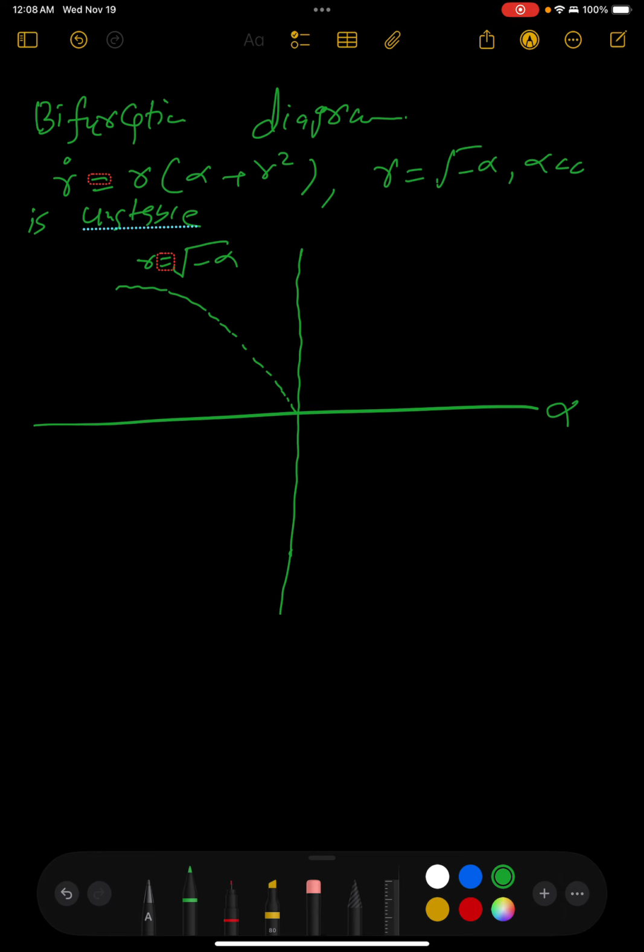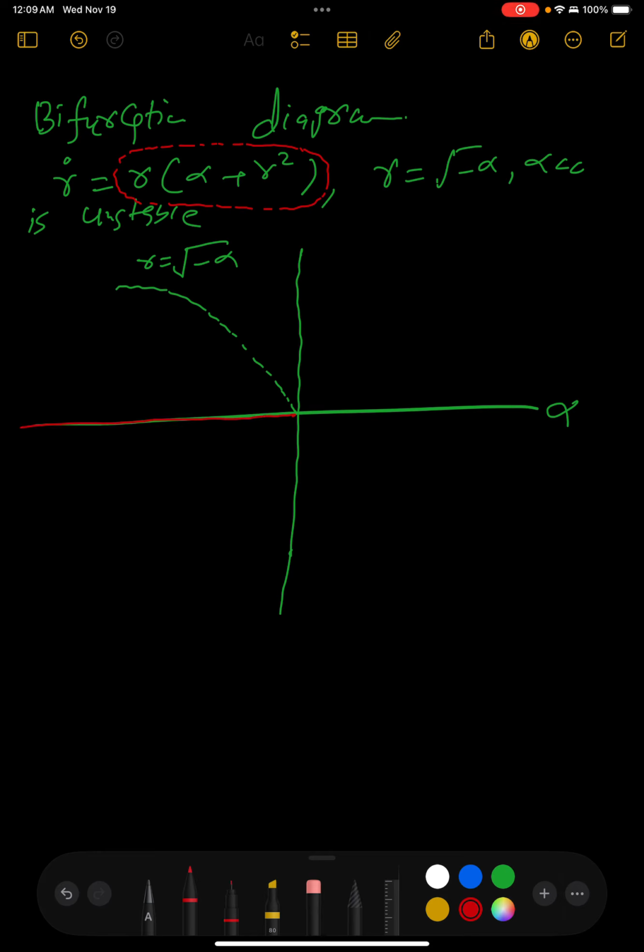But on the alpha axis, what is it? r is 0. So r is 0 means the non-linear part of this is 0. So if alpha is less than 0, on the alpha axis r is 0, this means the non-linear part of this equation is 0. So if alpha is less than 0, r is positive, this means that it is stable.